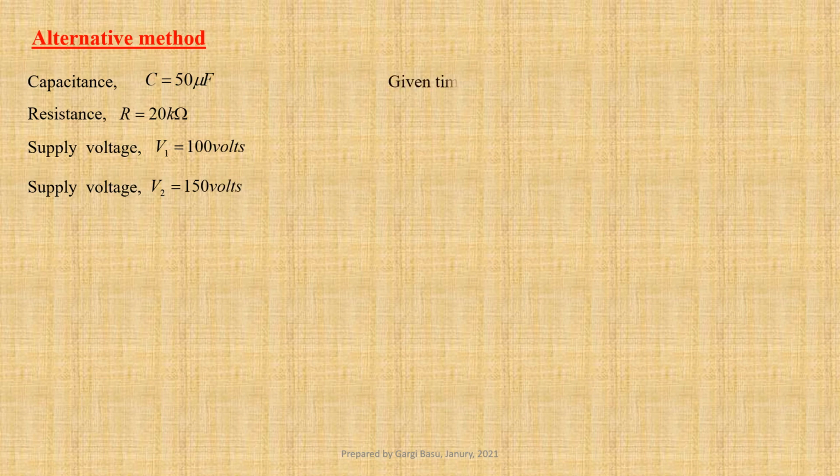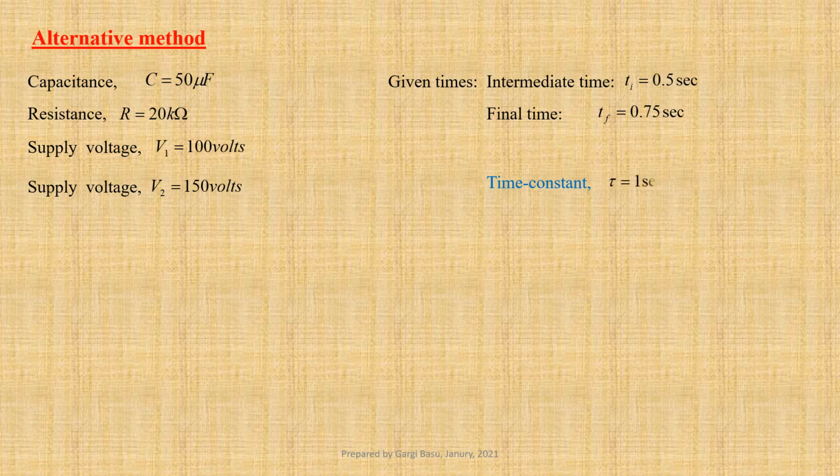Given time instance, intermediate time Ti equals 0.5 second. Final time Tf equals 0.75 second. We have calculated time constant for this circuit, tau equals 1 second.